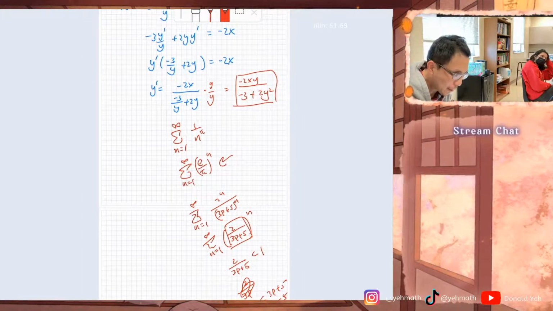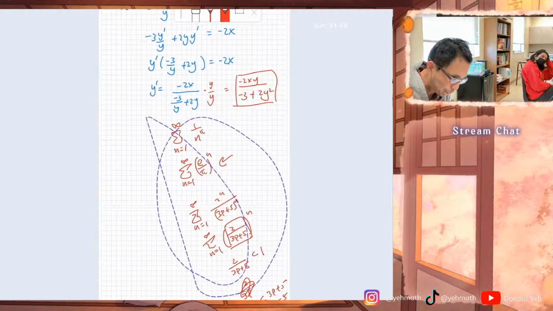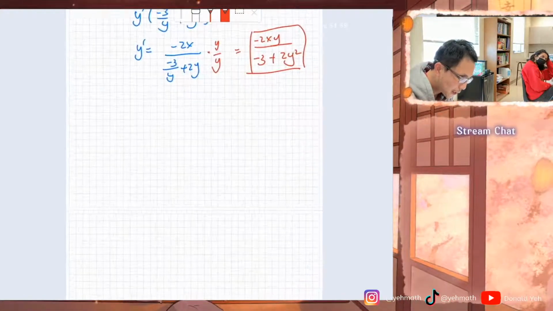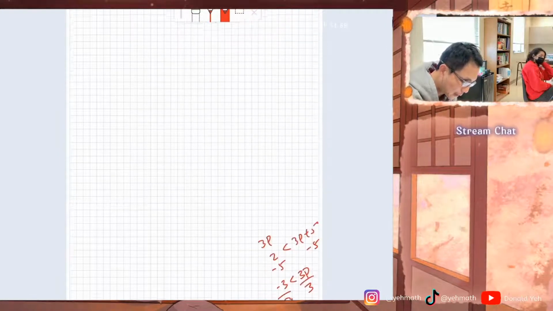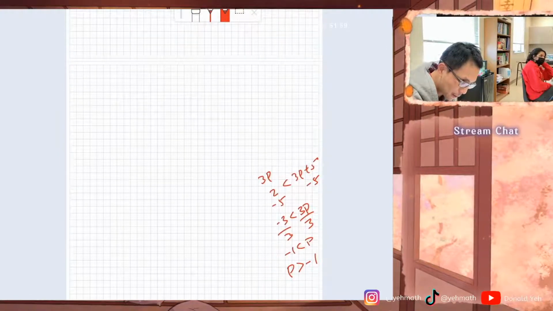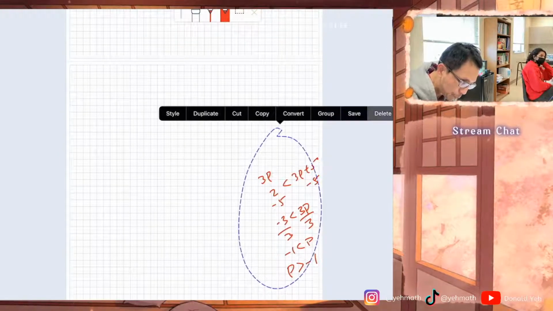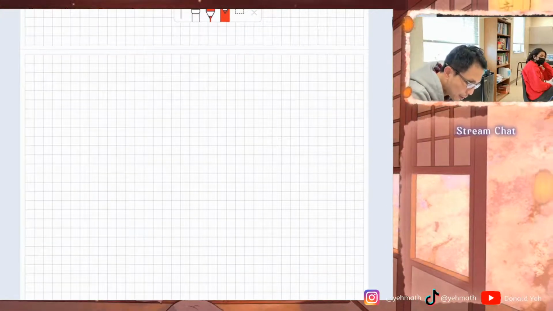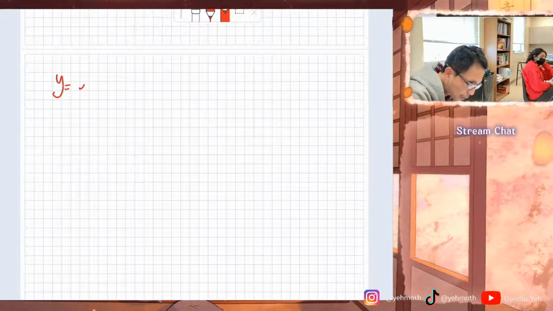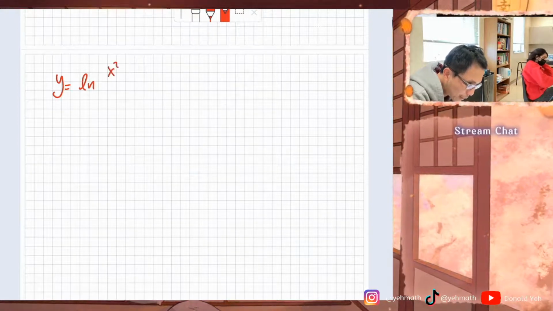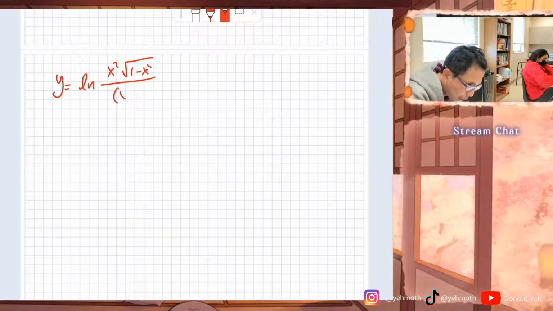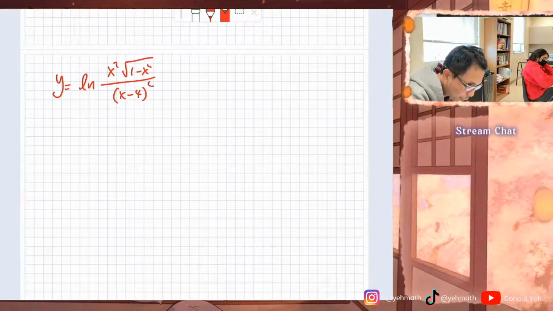Now, next thing I'm going to go over is, yesterday we went over certain questions. And yesterday we went over something like this. I'm just going to erase this part. It's going to be y equal to, so yesterday we went over something like this: x squared square root of 1 minus x squared over x minus 4 to the 4th power.